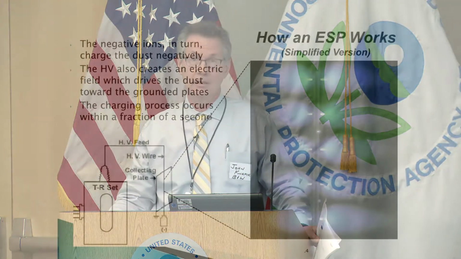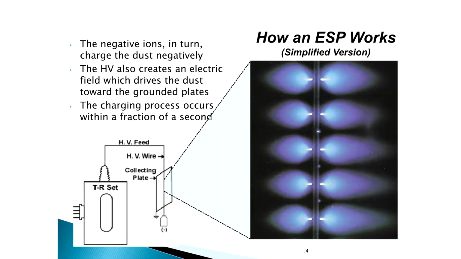Corona generation means one thing that you're doing at that voltage is you're actually creating light. Those plain, round, spring steel wires, if you had a darkened area and looked inside, would glow blue, just like this picture here. They're glowing blue because they're emitting photons, because they're at voltages that are getting things upset.